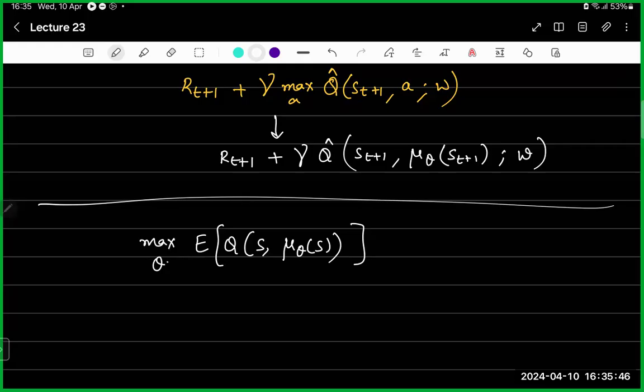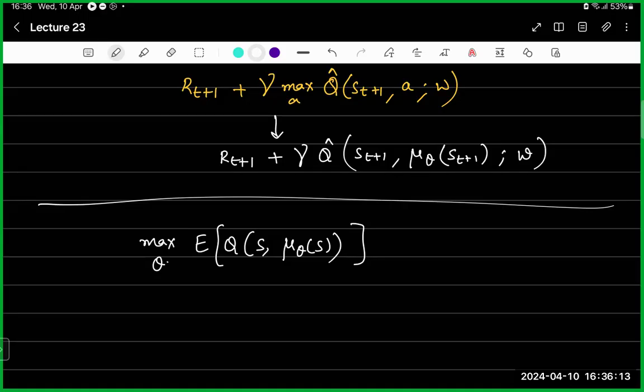This is for a given state, but we want it for all the states, right? Because if you maximize only for that particular state, it will maximize only there. But as we have been doing in the policy gradient methods, we define our objective as expected V pi of S, where S comes according to some distribution. Similarly, here S is sampled according to some distribution.